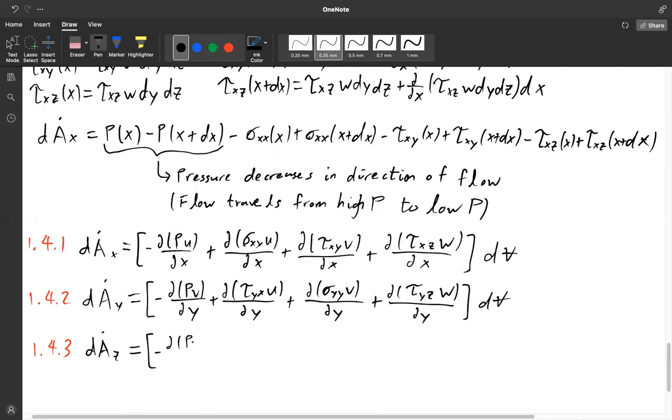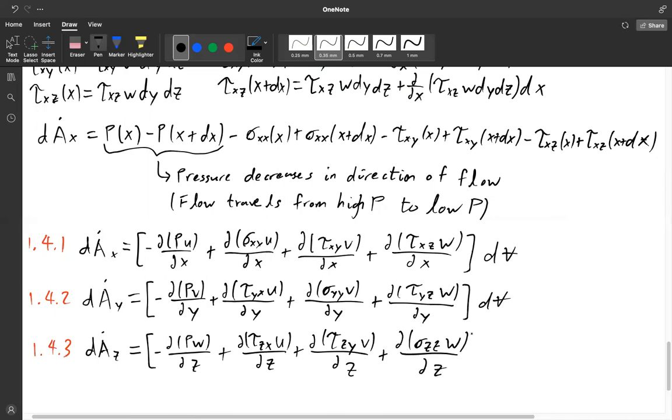Partial p w partial z plus partial tau zx u partial z plus partial tau zy v partial z plus partial sigma z w partial z times dv.